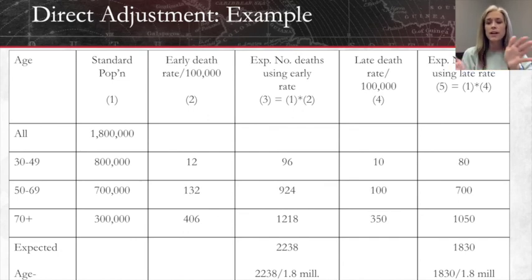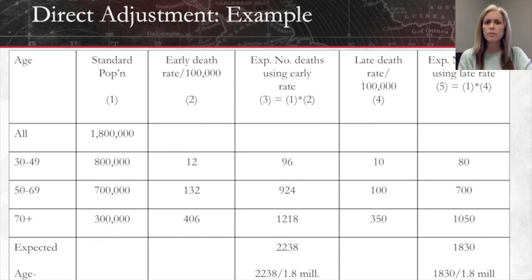Here you can see, if the research question is whether more deaths are occurring at the later time period than the early time period, well, there's a different age structure. The age-adjusted death rate in the early time period is 124.3, but in the late time period it's only 101. Ultimately, that tells you the death rate has actually decreased once you remove the effects of age.